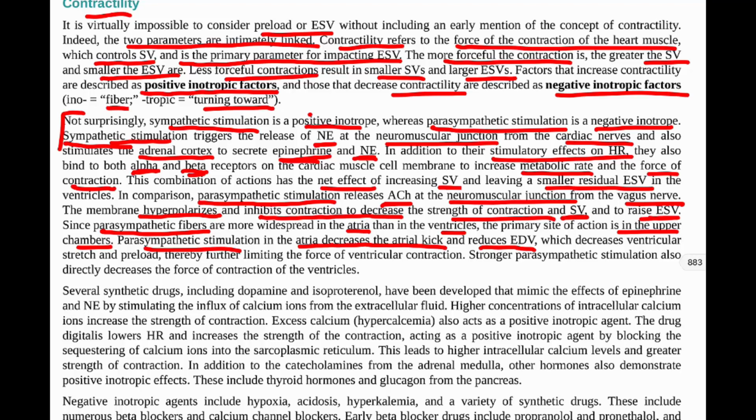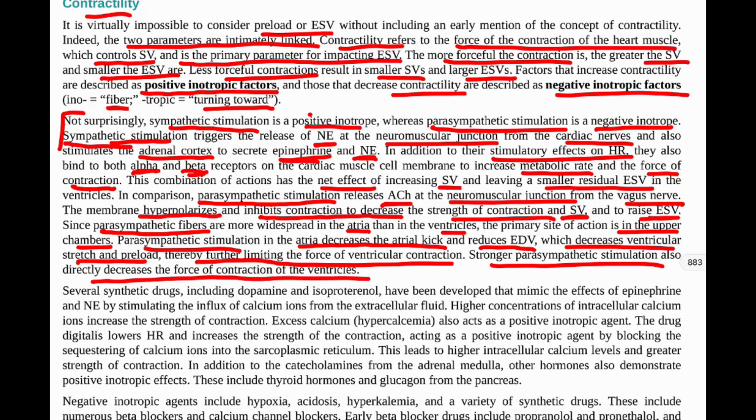It also reduces EDV, which decreases the ventricular stretch and preload, so we have less in the ventricles before they contract, thereby further limiting the force of ventricular contraction. So if there's not as much blood, it's not going to contract as forcefully, and we're not going to get as much stroke volume. Stronger parasympathetic stimulation also directly decreases the force of contraction in the ventricles. So it very specifically goes to the ventricles and decreases the force of contraction.